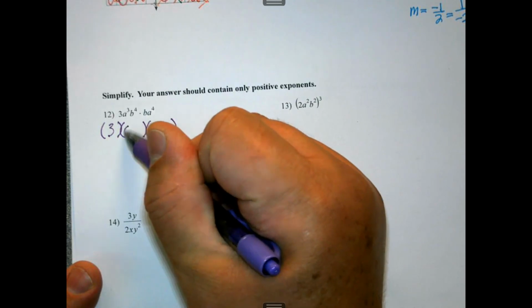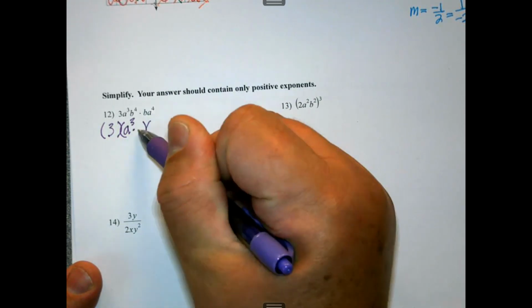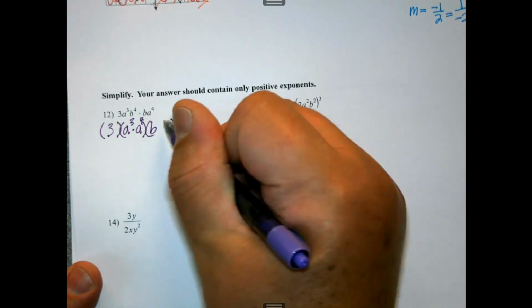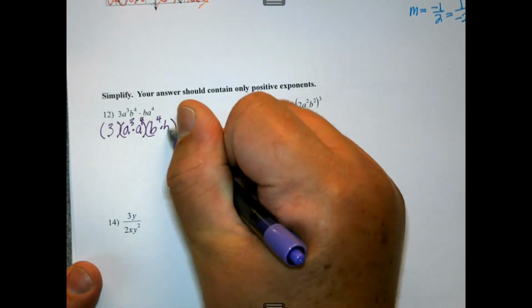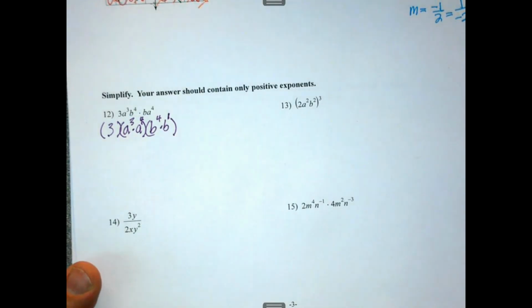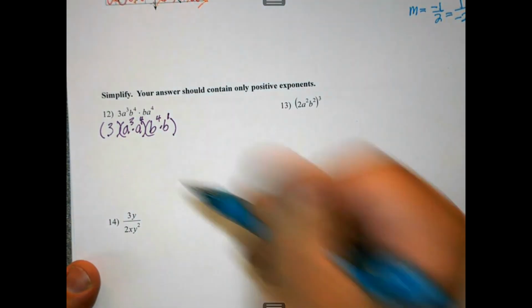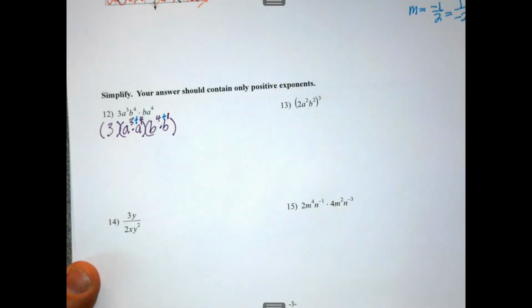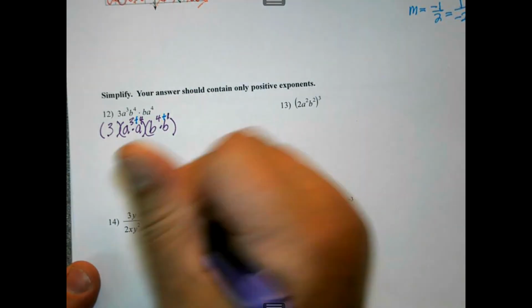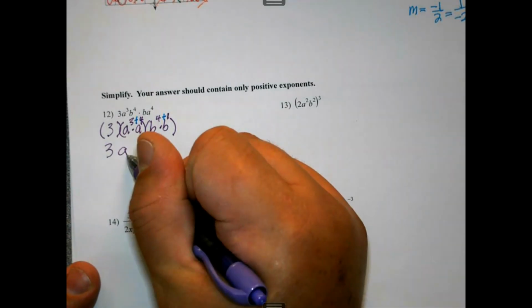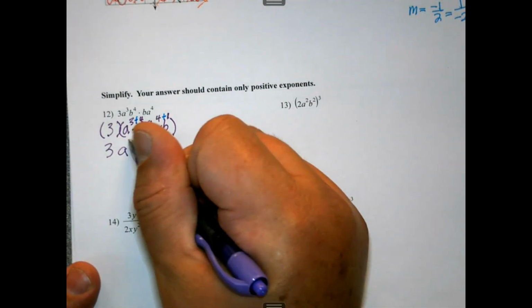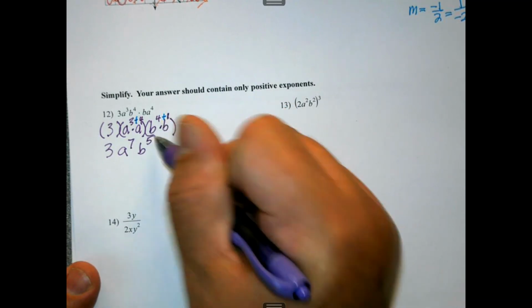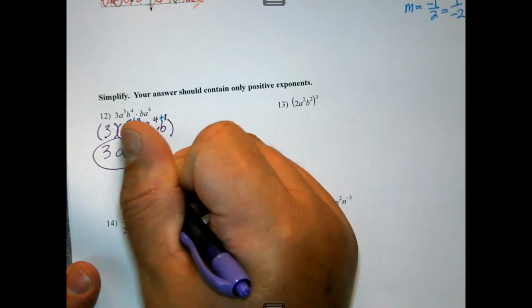I have A cubed times A to the fourth, and then B to the fourth times B to the first. When I have the same base, I add the exponents. So I have 3, A to the 3 plus 4 is 7, B to the 4 plus 1 is 5. My answer.